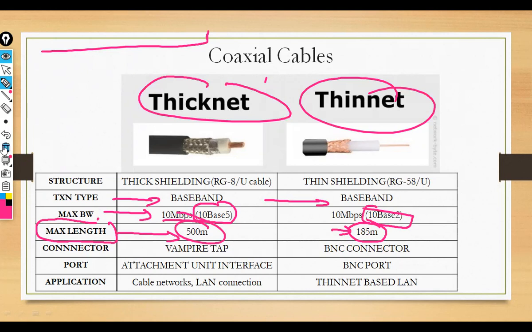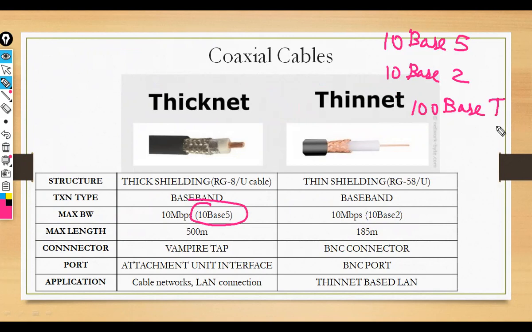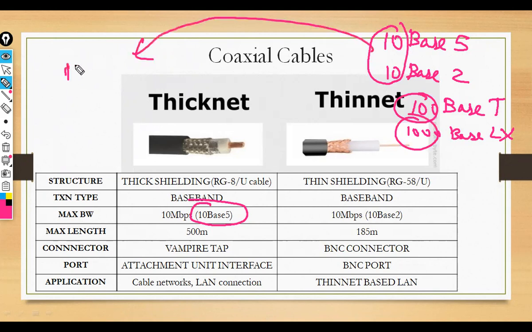Now, let me tell you what 10 base 5 or 10 base 2 means. Later you might also hear 10 base T, 100 base T or 1000 base LX. The 10, 100 or 1000 is the bandwidth: here it's 10 Mbps, here 100 Mbps, here 1000 Mbps.